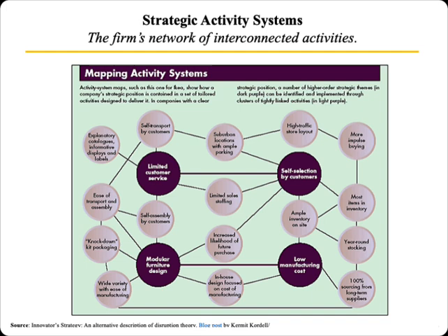Here, capabilities are indicated by groups of activities, and the one or two of those capabilities that help define the company in the marketplace, or its core competencies, are likely to have a significant influence on the firm's overall performance. In this case, that would be the modular furniture design and the low manufacturing costs, which lead to low prices.